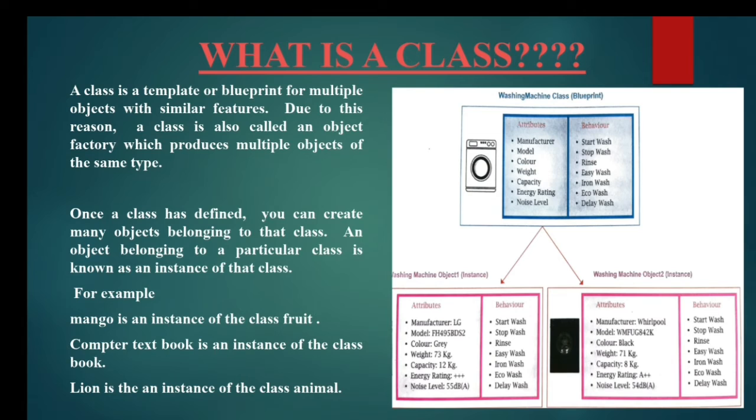That's why if we create once the class, that is blueprint, we can create many objects of that same class. Here we created only two objects, but we can create more objects. Okay, that's why this is called object factory.